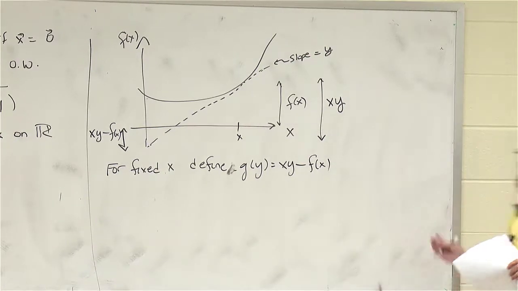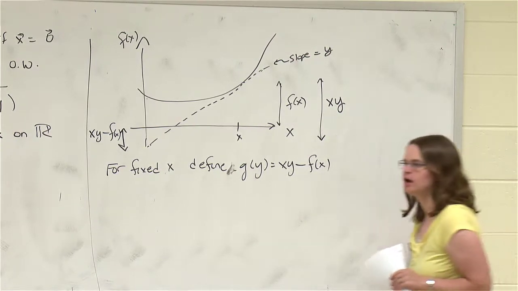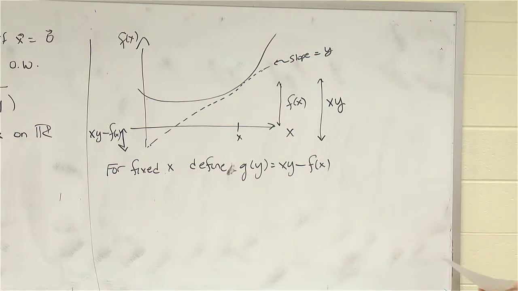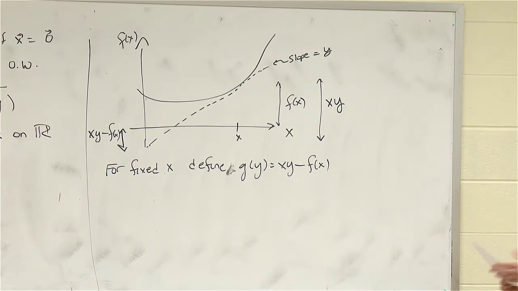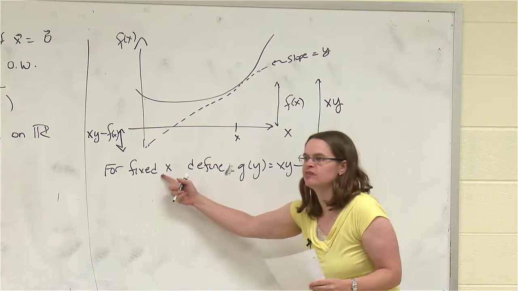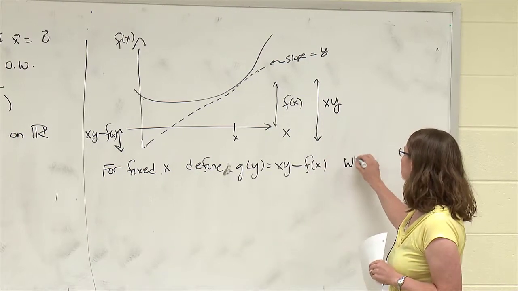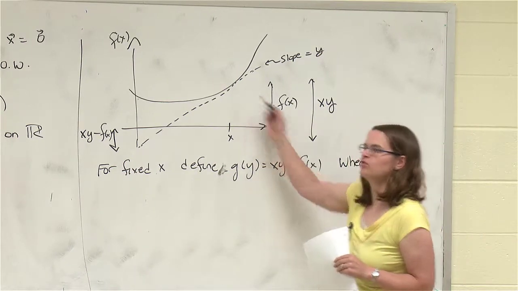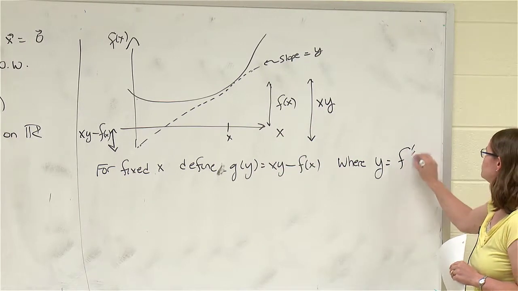This represents basically the y-intercept of this tangent line. Okay, and there's a relationship between x and y here, right? We said at the beginning y was equal to the slope, in other words, the derivative here.